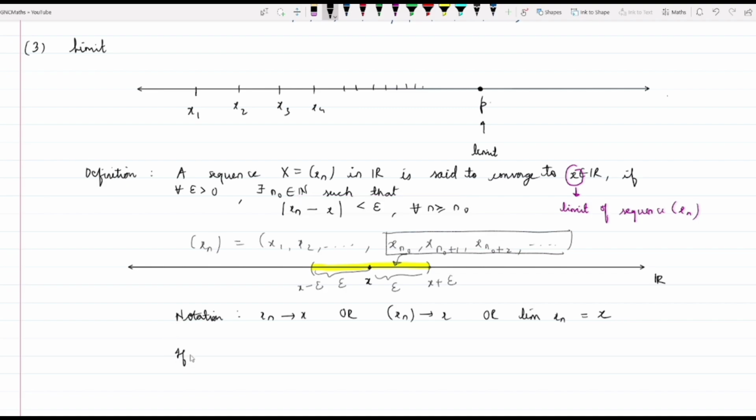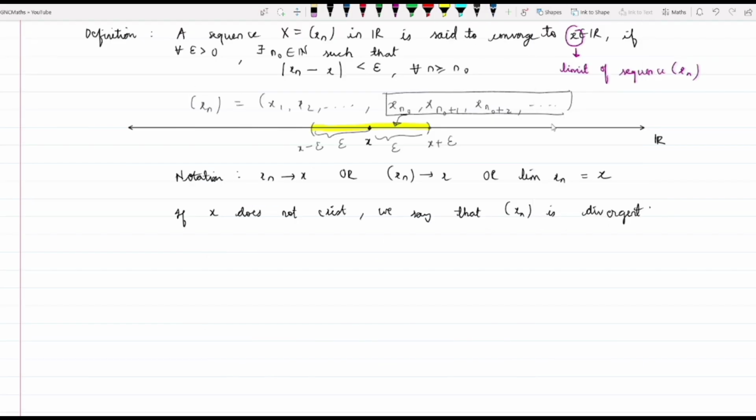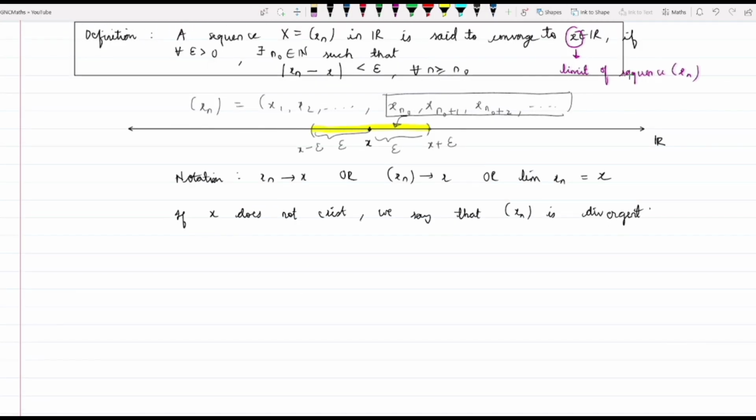If x does not exist, we will say that the sequence xn is divergent. The definition which we have just seen is also classically known as the epsilon-N naught definition of convergence.